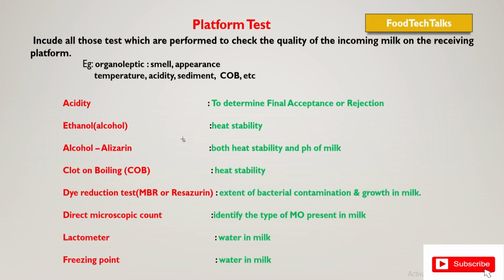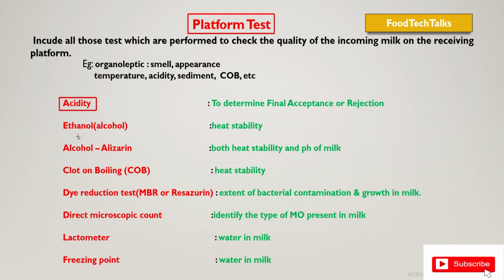Now let us see what a platform test is. It includes all those tests which are performed to check the quality of incoming milk on the receiving platform. For example, checking of organoleptic properties of milk such as smell, appearance, and also other tests include temperature, acidity, sediment, Croton boiling test, etc. Acidity of milk can be used to determine final acceptance or rejection of milk.